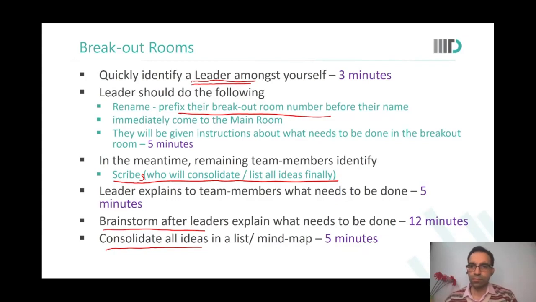So how to rename the breakout rooms? No, you don't rename the breakout rooms. You just rename yourself. Your name should be a breakout room number underscore your name, like Priyansh and Samiksha have done.